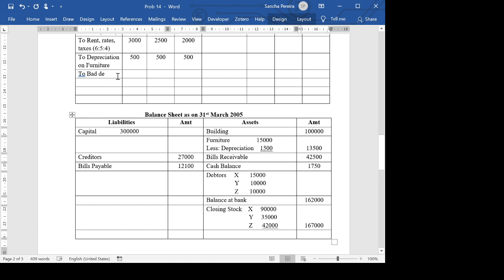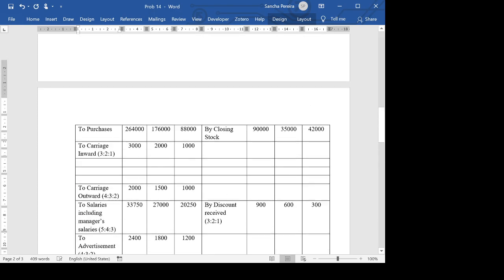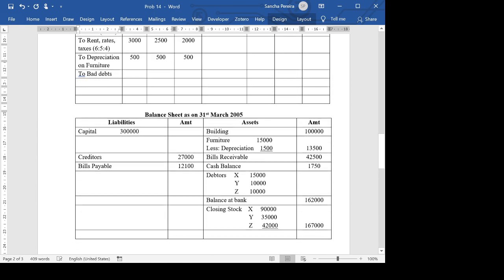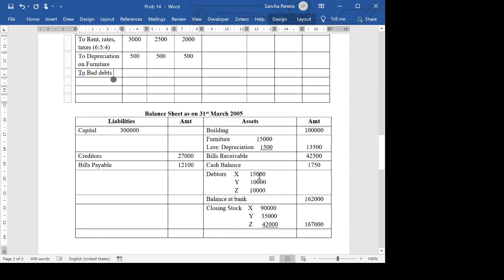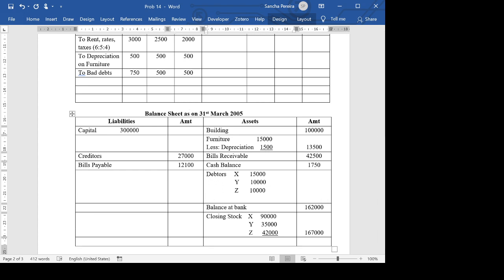Then bad debts, we were doing bad debts. Calculate 5% of each of the departments' debtors. We have them here also. 5% of 15,000 will be 750. 5% of 10,000 will be 500, and 5% of 10,000 again will be 500. 750, 500, and 500. Similarly, we need to minus the total here. I don't need to minus it department-wise. We'll just say less bad debts.